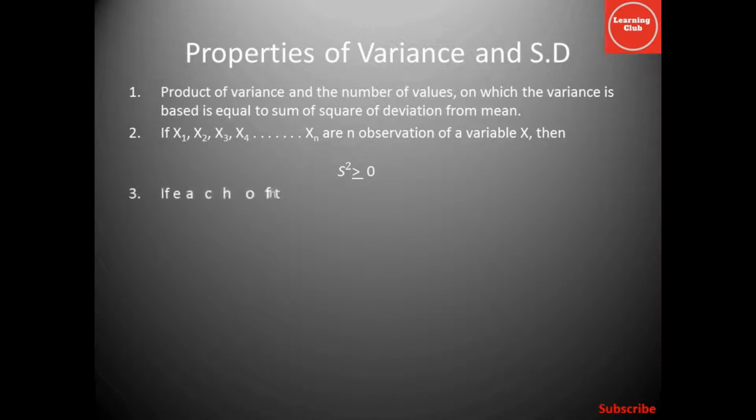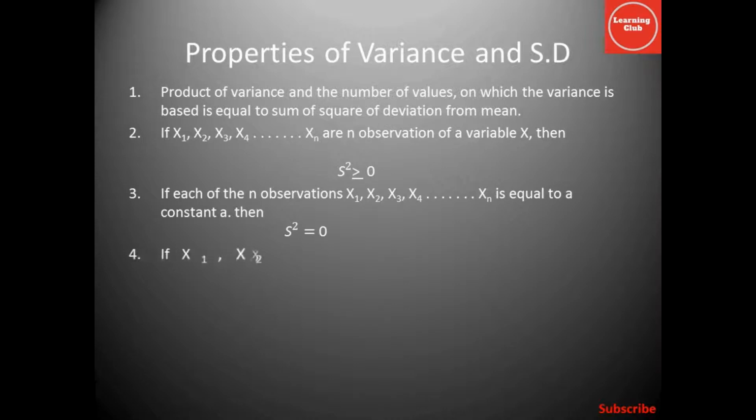Number 3. If each of the n observations, x1, x2 up to xn, is equal to a constant a, then variance is equal to 0. Just keep in mind that these properties are similar for standard deviation.